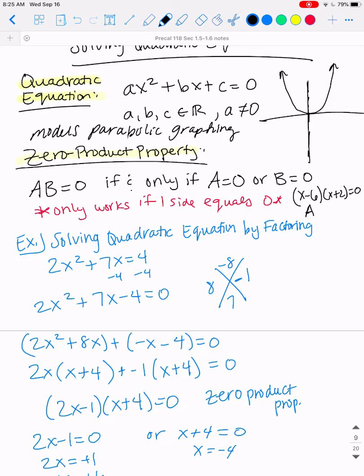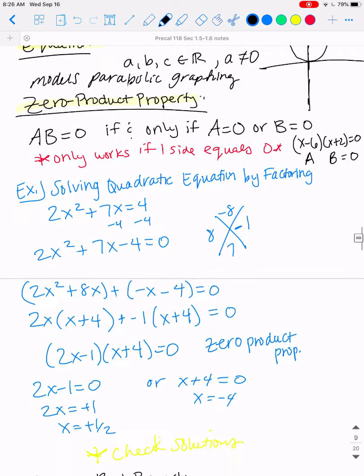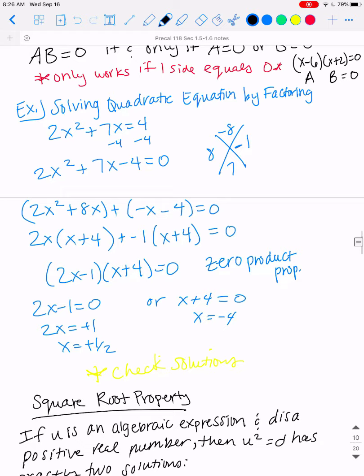This is like our a, and this is like our b, equals 0, and that's why we're able to set each factor equal to 0 because of this property. So it only works if one side of the equation equals 0. You can't have x minus 6 times x plus 2 and then set them both equal to 1 or something like that. So we're going to solve a quadratic equation by factoring.